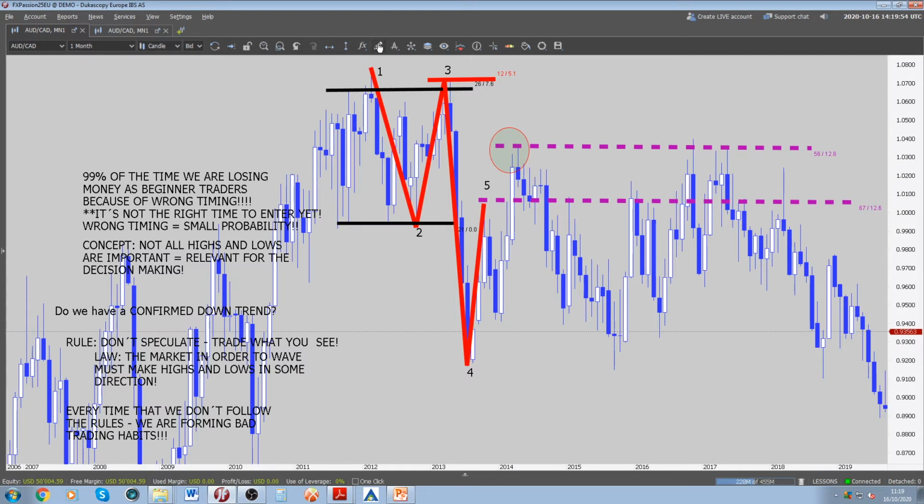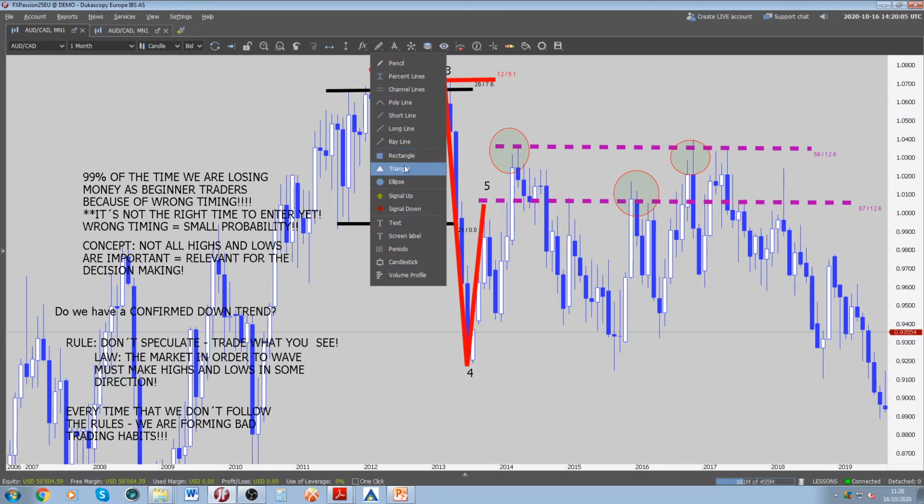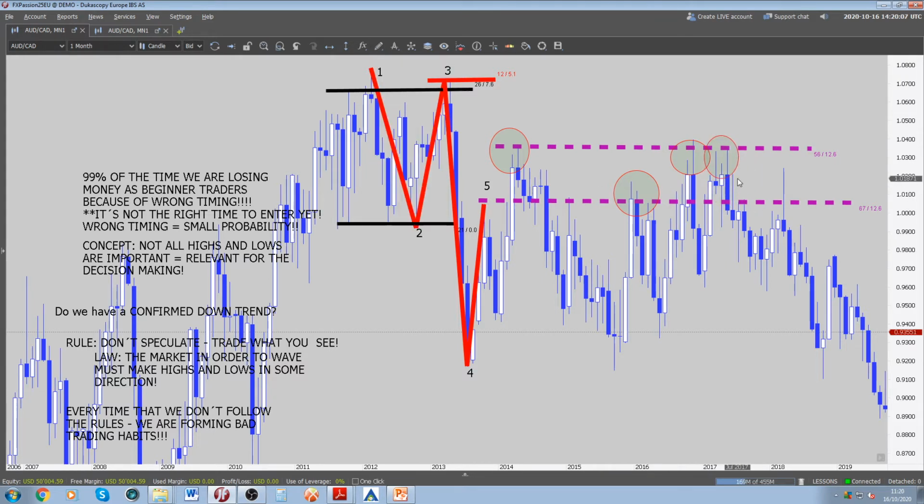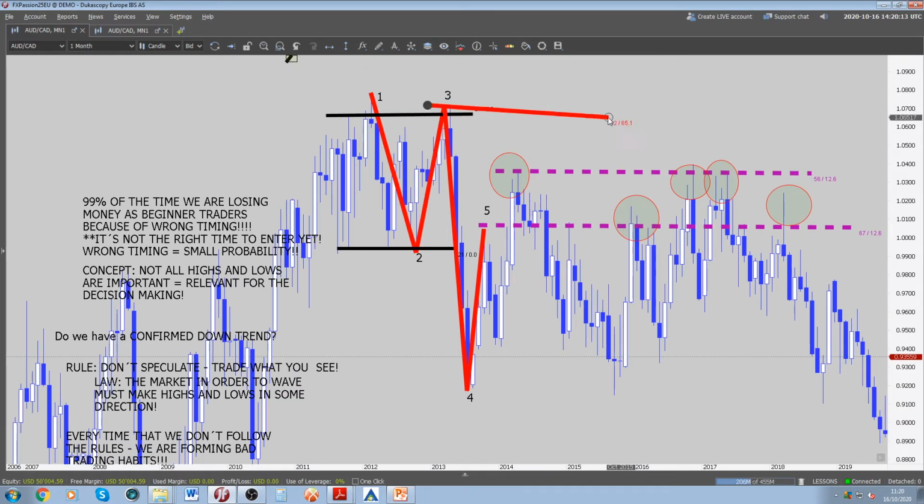This was number 1, first circle. Then it depends where we would enter. We would be stopped out here too. 2, 3 times, 4 times, 5 times. See how easily we lose money in the market? Just because we have our stop loss in the wrong place.